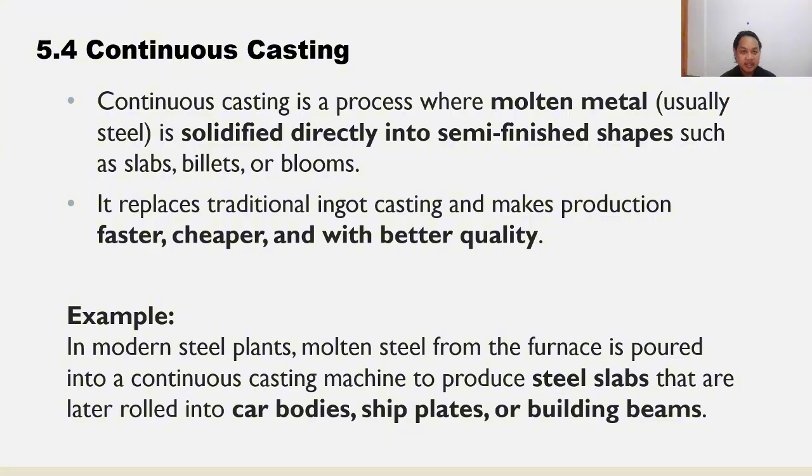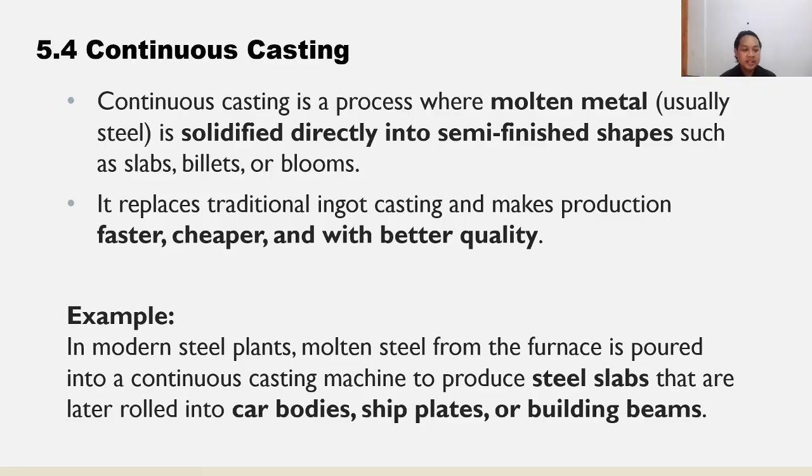Continuous casting is a process where molten metal, usually steel, is solidified directly into semi-finished shapes such as slabs, billets, or blocks. It replaces traditional ingot casting and makes production faster, cheaper, and with better quality.